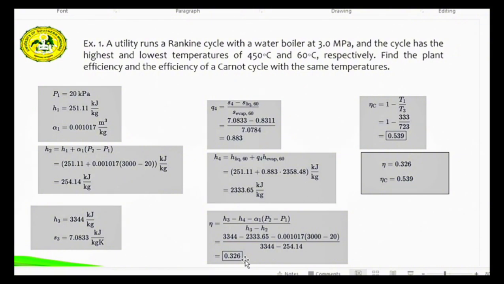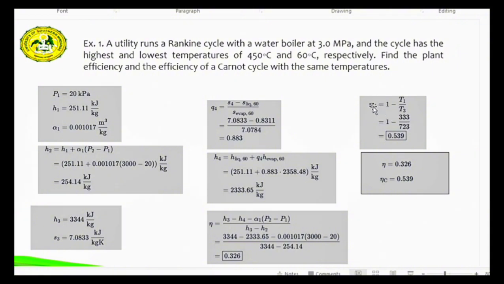And the thermal efficiency of the Carnot cycle is determined from the lowest and highest temperature in the cycle, which are 450 degrees Celsius and 60 degrees Celsius. We need to convert these to Kelvin: 60 degrees Celsius is 333 Kelvin, and 450 degrees Celsius is 723 Kelvin.